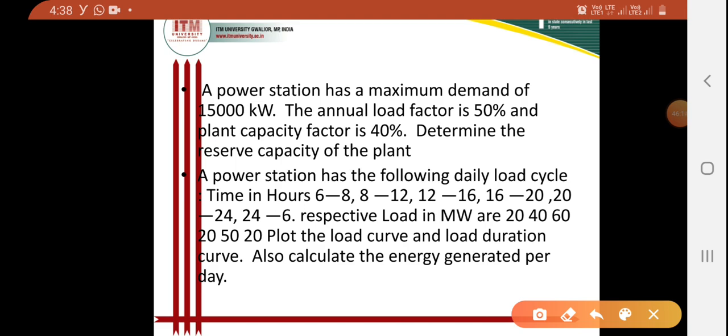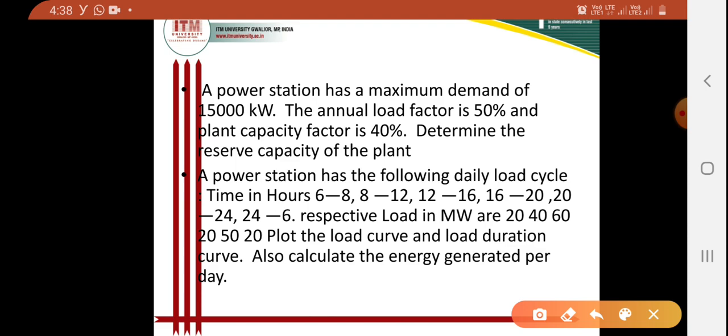So the question is, a power station has the following daily load cycle. Time in hours is given: 6 to 8 hours, then 8 to 12 hours, then 12 to 16 hours, then 16 to 20 hours, then 20 to 24 hours, then again 24 to 6 hours. So this is the daily load cycle timing.